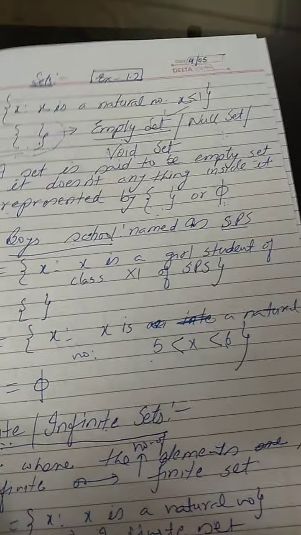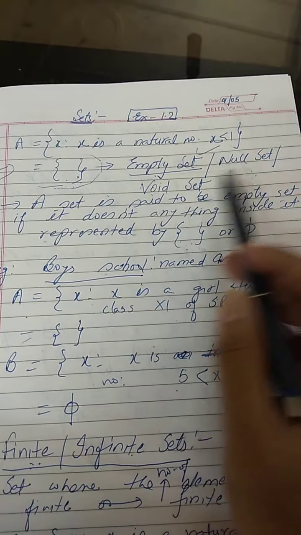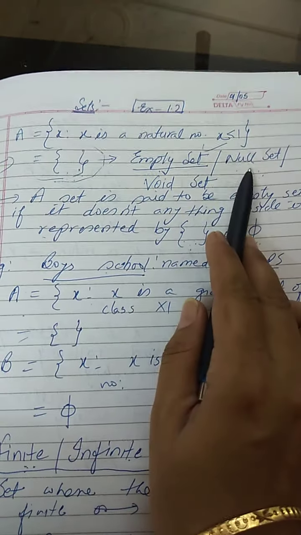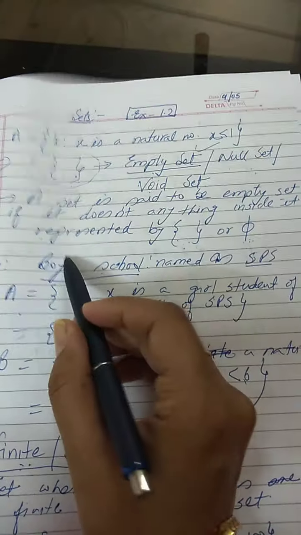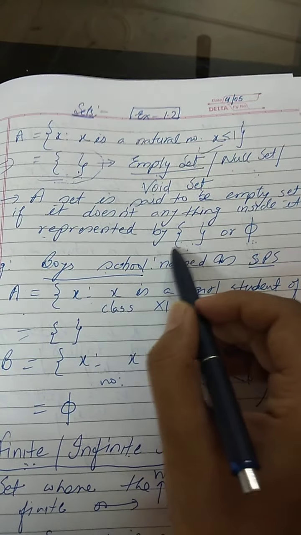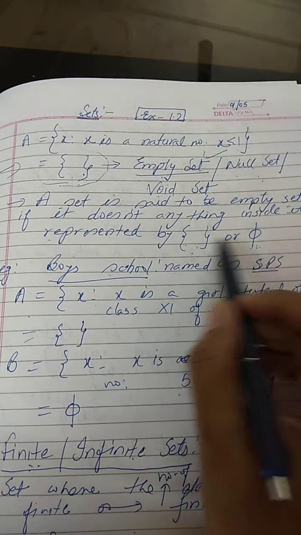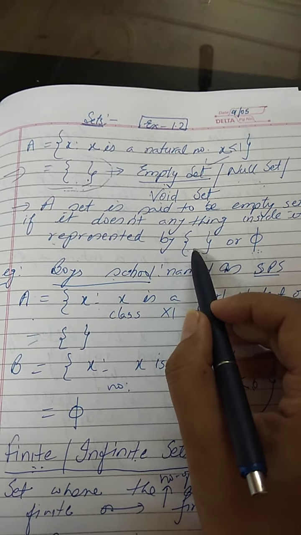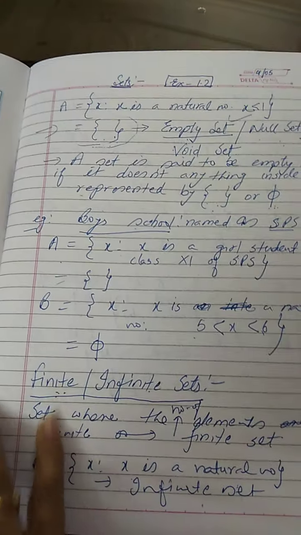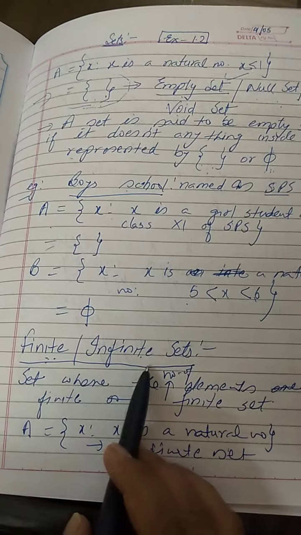And with the help of the previous definition, when nothing is there in the set, then the set is called an empty set or null set or void set. Remember, it is always represented by empty curly braces or phi, not phi within curly braces. That will be considered wrong. The next, finite or infinite.